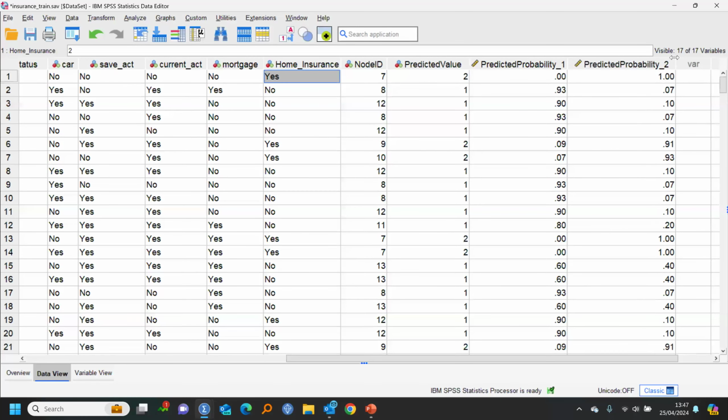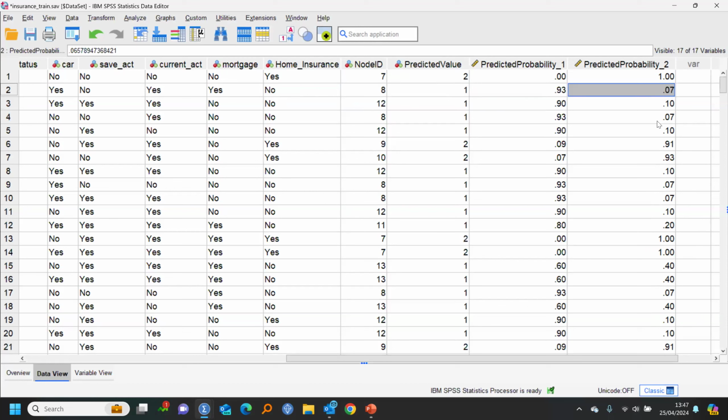And the probability of them being in the yes group is 1, because 100% of them in node 7 purchased home insurance. Whereas down here, people in node 8, we predict them to be a non-home insurance buyer. There's a 93% chance that they're in the no group, and only a 7% chance they're in the yes group.